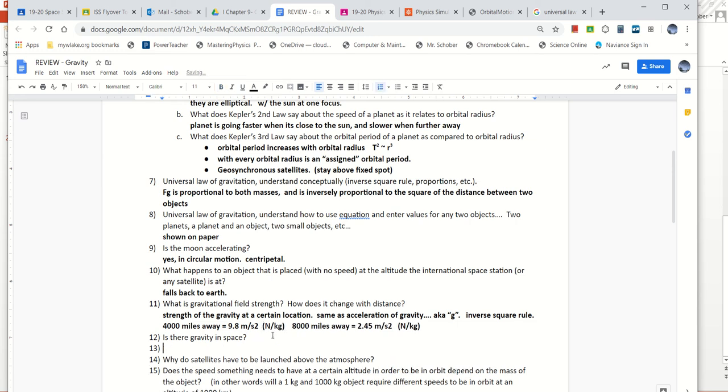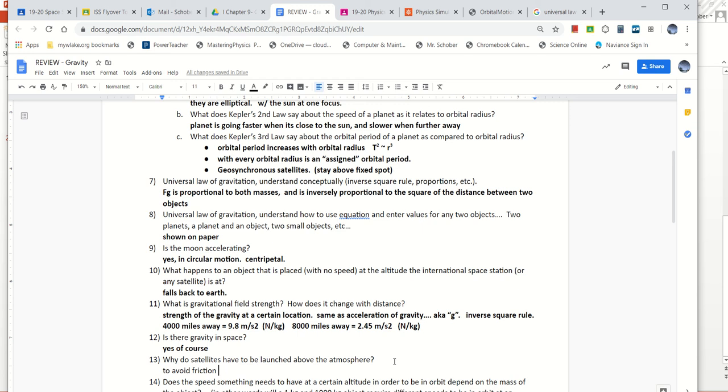Is there gravity in space? Yes, of course. Don't be crazy and think that there is not. That is how objects orbit, and really that is how the entire solar system, and moreover the entire universe, is held together. To avoid friction with the atmosphere is why satellites have to be launched above the atmosphere. Satellites, to be in orbit, need to maintain a really, really high speed.